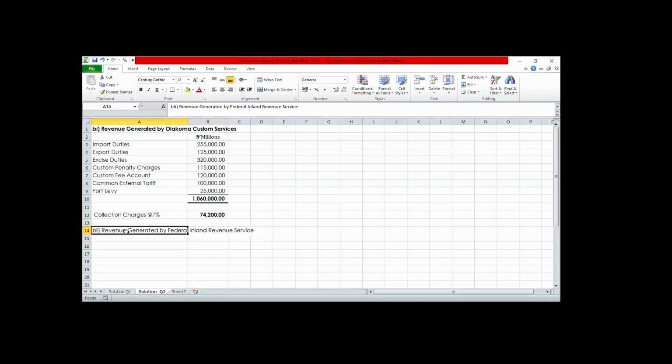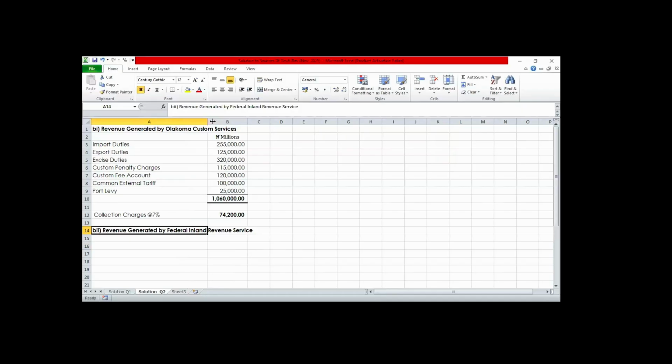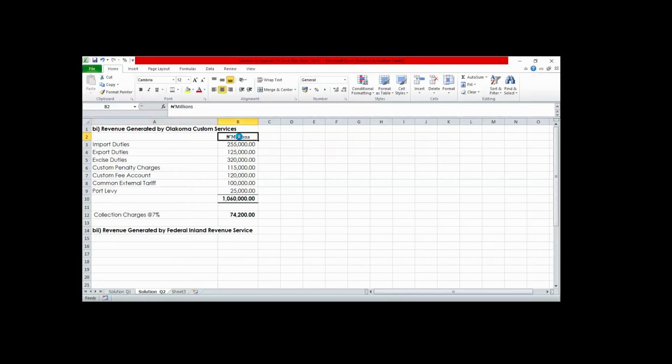Now, what are the revenue generated by the Federal Inland Revenue Service?